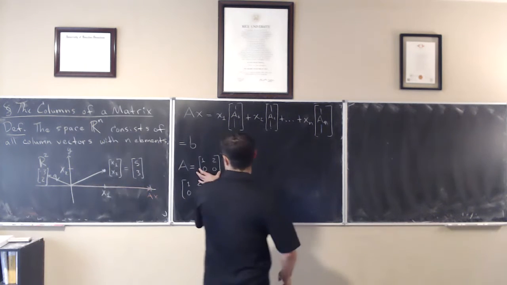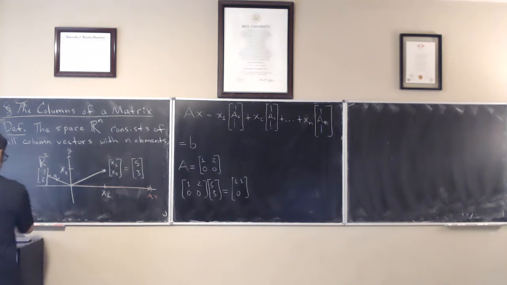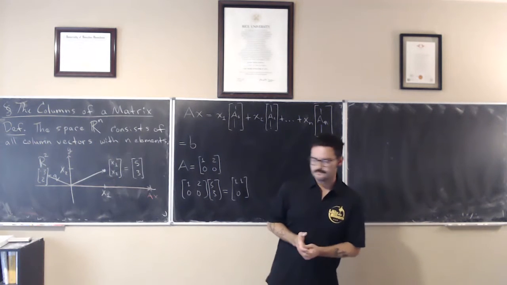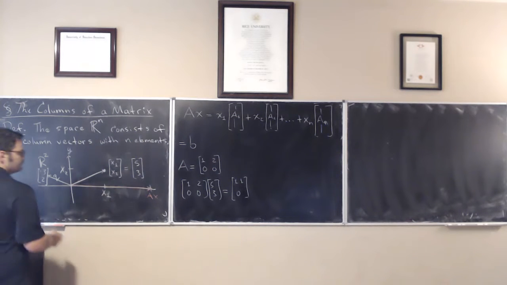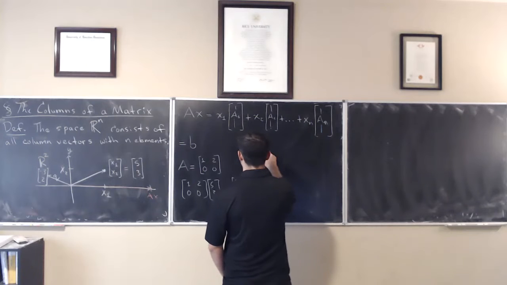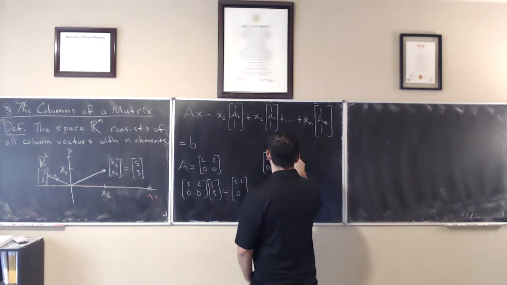Where do you think this matrix is going to move that vector to when we multiply? Where is it going to land? Well, we can look. So we have 1, 0, 2, 0 times -3, 2.